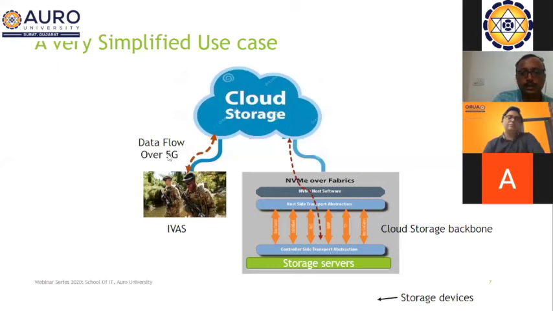Then SAS SSDs are faster than SATA SSDs by 2 to 3 times, and PCI SSDs are faster than SATA SSDs by around 8 times, and the gap is increasing. It may be around 16 times by 2021.